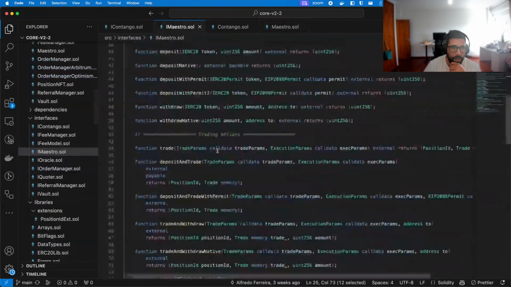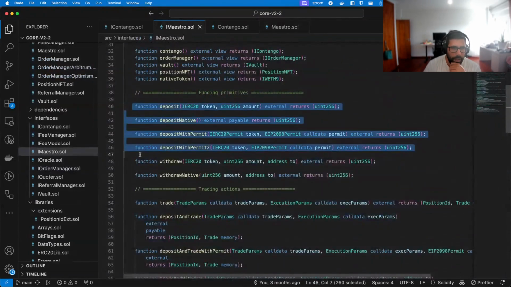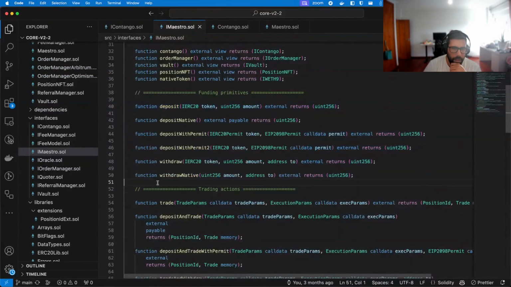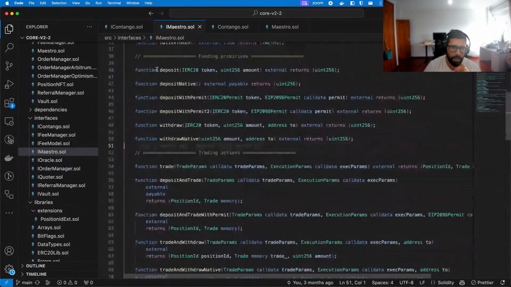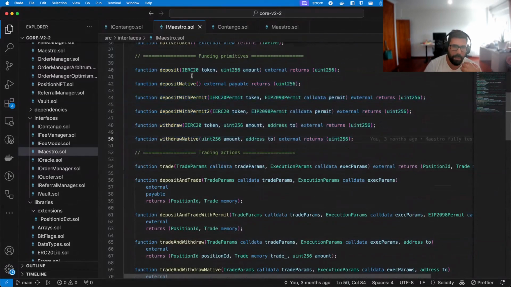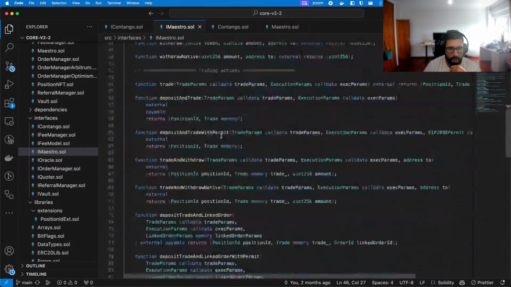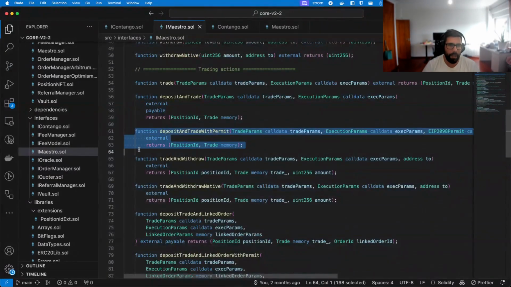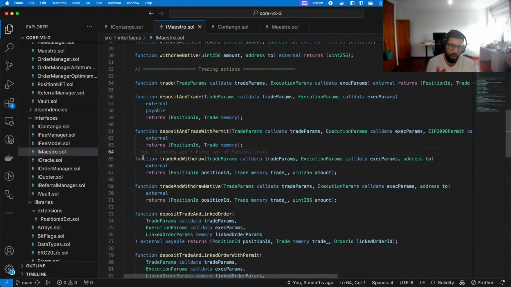The whole point of the maestro is that we can create atomic combinations of actions and remove all those responsibilities from Contango, so we can deposit money or withdraw money from the vault. And we can use permit, permit 2, whatever, but we can also combine those things.